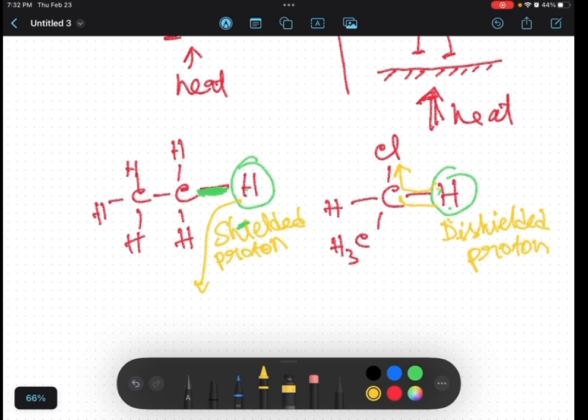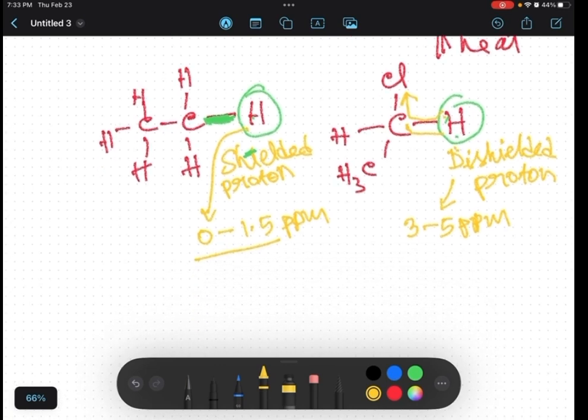That means near 0 to 3 or something. But this proton will show up downfield. That means near 3 to 5 ppm. And it will be like 0 to 1.5 or something ppm. Okay, so that's the thing I'm trying to say.